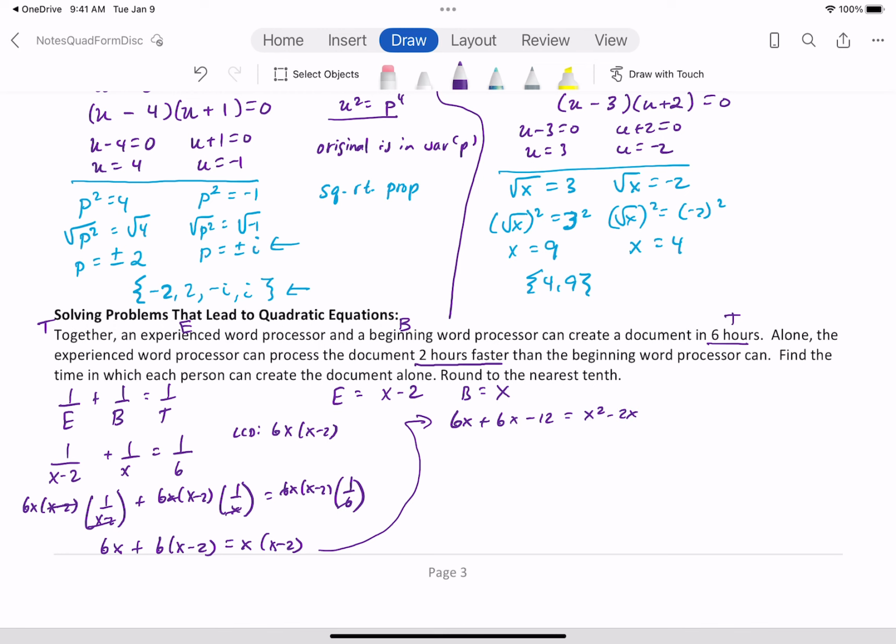Alright, so let's clean it up. This is 12x minus 12 equals x squared minus 2x. And of course, because I have a quadratic term, I need it to be equal to 0. So I'm going to subtract the 12x and add the 12 so that it will be equal to 0.